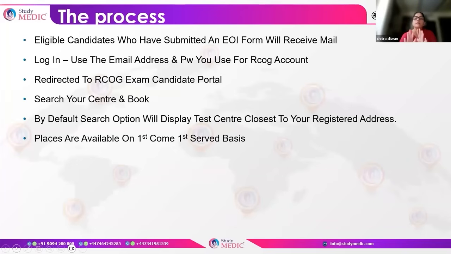The centers that are closest to your registered address, those by default will appear on your screen. Okay. And then always the seats are given on a first come, first served basis. So it's imperative that you keep yourself free at 3 p.m. UK time. Okay. So I hope I'm clear on this.